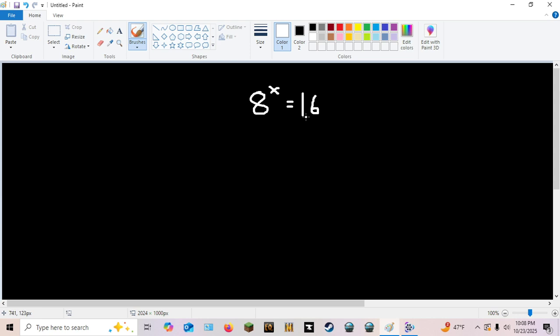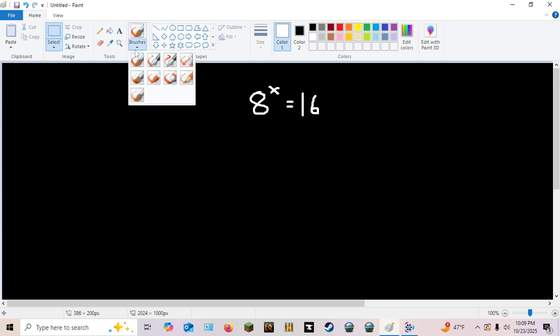So 8 raised to the x equals 16. This is the logarithm method. When you take the logarithm of a base number, 2 is the base and 2 is the argument, 2 raised to the 1st power equals 2.